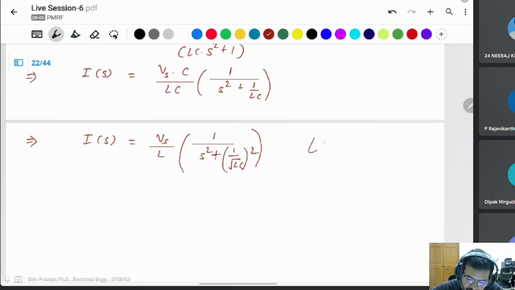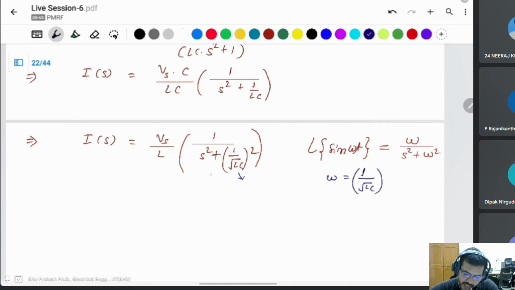Now, Laplace of sine omega t is omega divided by S square plus omega square. Here, S square plus 1 by LC means omega is equal to 1 by root of LC.